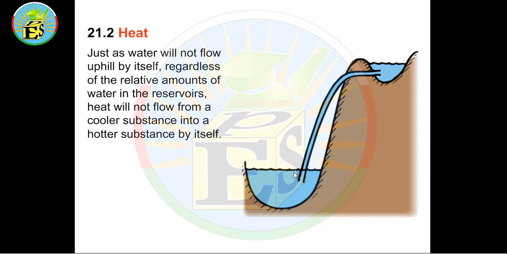So energy can't transfer from a cold place to a hot place. It moves from a hot place to a cold place, and this is called entropy: flow from a higher to a lower energy state.